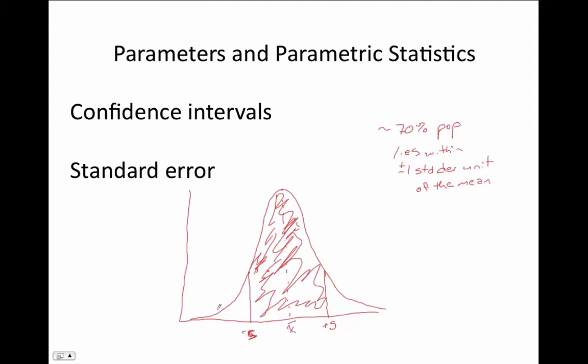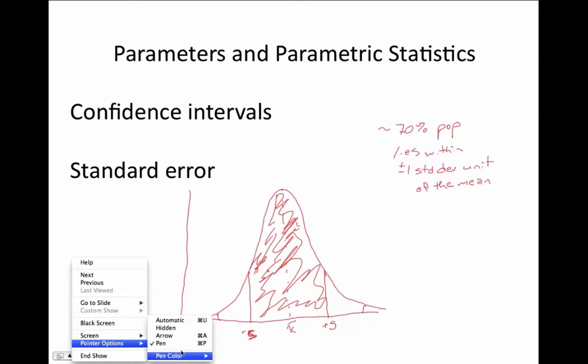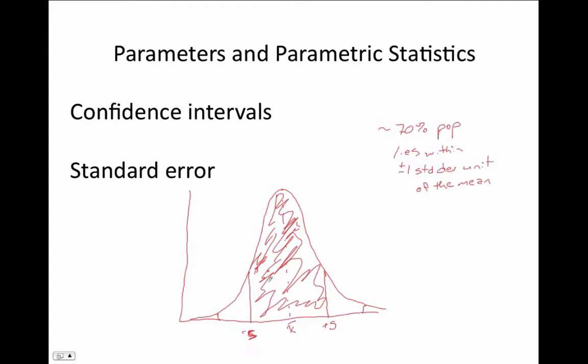If I go out to plus or minus 2 standard deviations, so out to here and here, and let me actually change the pen color now. Now roughly 90%, roughly 95%, actually it's a little bit more, roughly 96% of the population lies within plus or minus 2 standard deviation units.